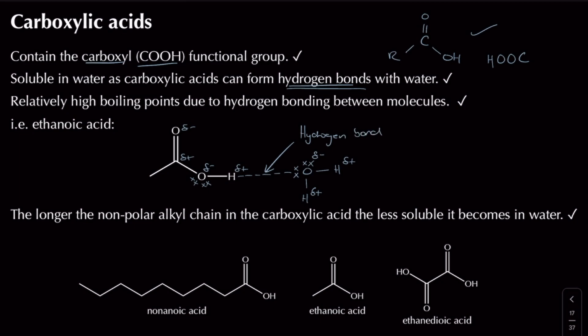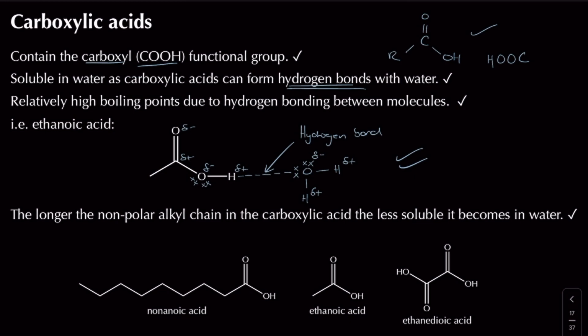Now, normally you do get 2 marks for this, but just remember that you can also draw a hydrogen bonding diagram to show why ethanoic acid, or any carboxylic acid really, has a higher boiling point compared to something like ethane. Carboxylic acids have a relatively high boiling point, and that's because of the hydrogen bonding between the molecules, which requires a relatively higher amount of energy to overcome compared to induced dipole-dipole interactions and permanent dipole-dipole interactions.